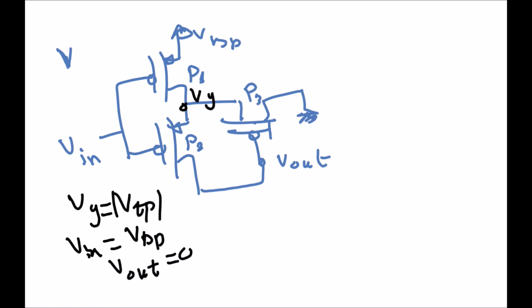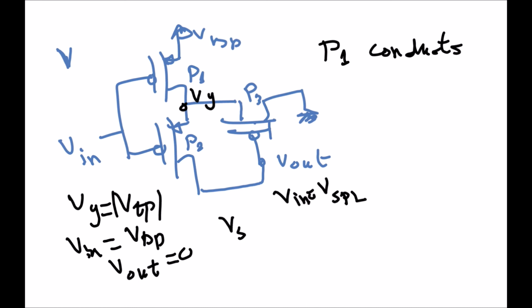Now, what happens when V input starts to decrease? P1 conducts first, and there is a low resistance path through P3, exactly like what happened in the pull down network. Now, at some point, V input will be V switching point low. At this point, we will have Vy conducts, which means VSG2 will be equal to Vy minus V switching point low, which is equal to modulus VTP.